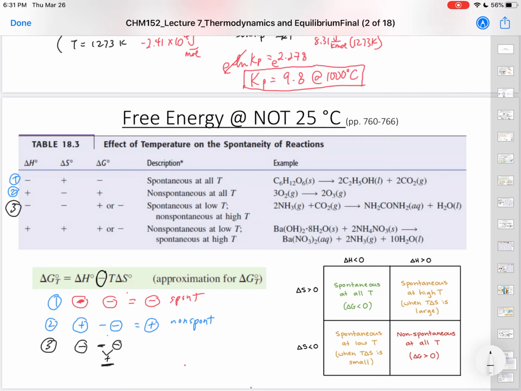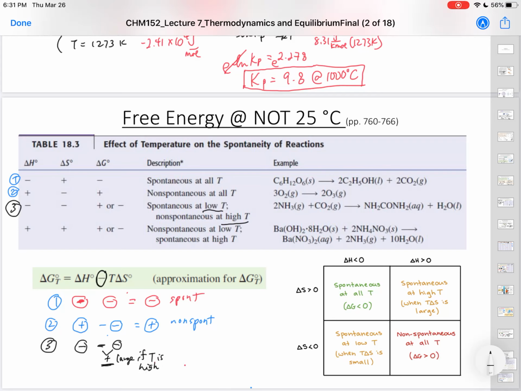So depending on whether the temperature is high or low: if this temperature is high, then this number is very, very big, and so then you get positive values. If it's very, very small, then you get very small numbers and it becomes negative. So that's why it says spontaneous at low temperature, not spontaneous at high temperatures.